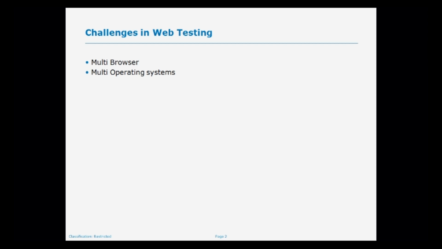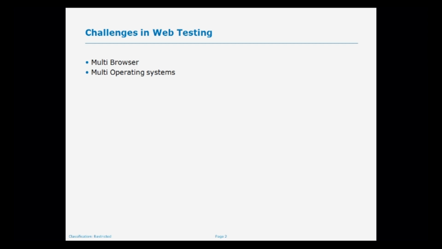So obviously, when we are using manual testing, we will be checking it manually. If I am supposed to use an automation tool, multi-browser testing and multi-operating system testing is a major thing.